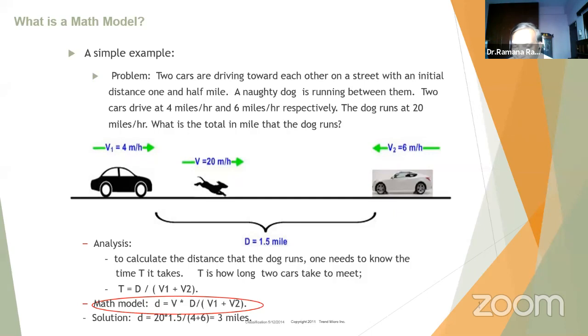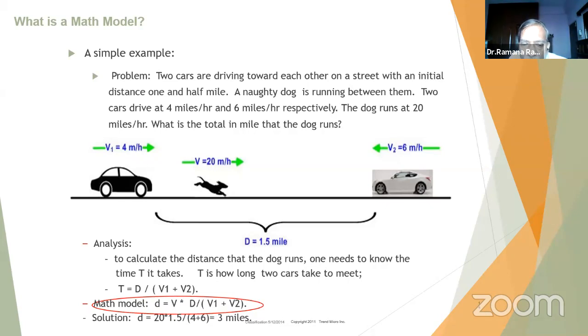So what has happened is we have just collected the given data and modeled it, saying that distance is velocity into time, and then we have hypothesized the distance traveled using the two velocities. So it has come out as 3 miles.